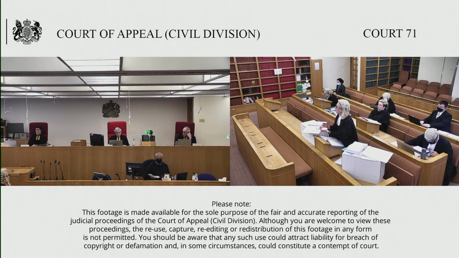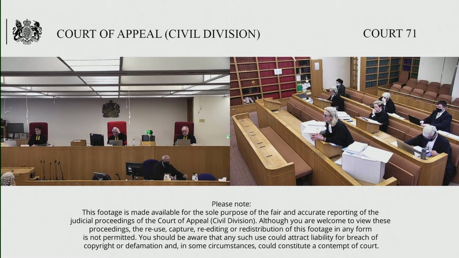In my respectful submission, in circumstances where judges would be expected to follow the guidance, you're looking for some indication that they haven't done so. And that would be, for example, a detailed examination of the underlying reasons as to why an oral hearing would be required, or some other indication that they haven't followed the guidance or the presumption.